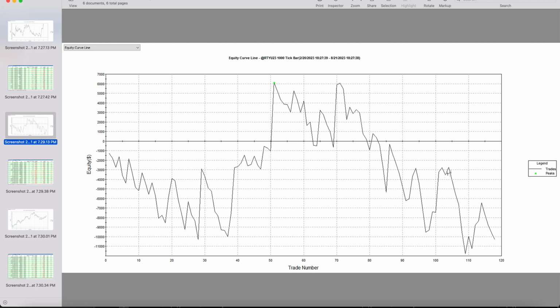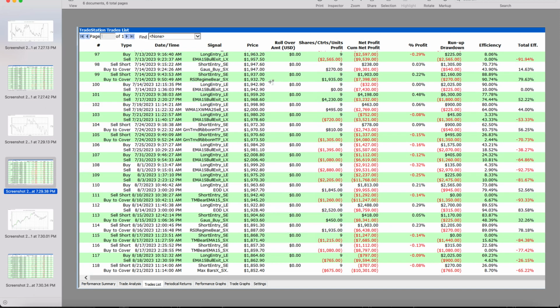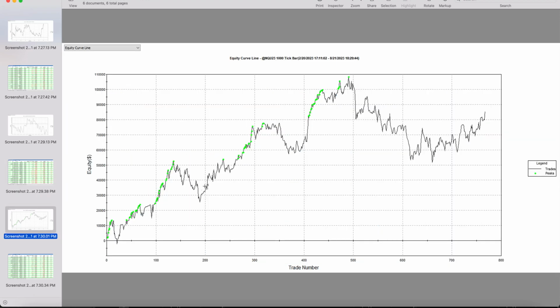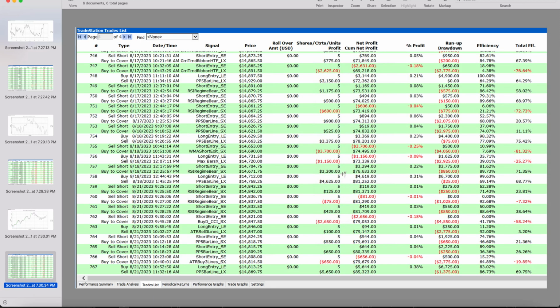The Russell hasn't been anything to be writing home about for this whole quarter. It's been more losses than wins, and it's quickly becoming not my favorite. And then the NASDAQ, which is rallying, and we've had quite a few more wins than losses lately, which is great.